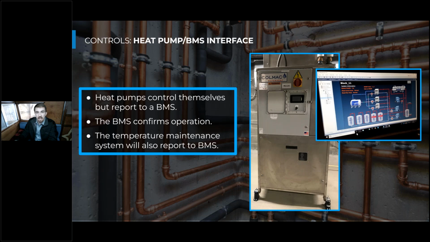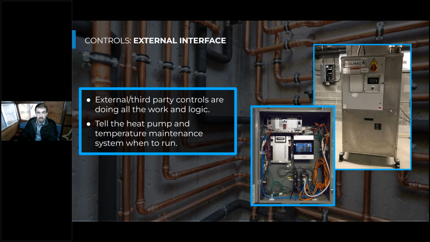And then the last option here is the external interface, where a third-party controller is handling all the logic in this control system, and the heat pump is basically blindly running whenever the controller tells it to. And this can be really successful, but it can also run your heat pump in a way that is not efficient or can be harmful for your heat pump if this external controller is not set up correctly.